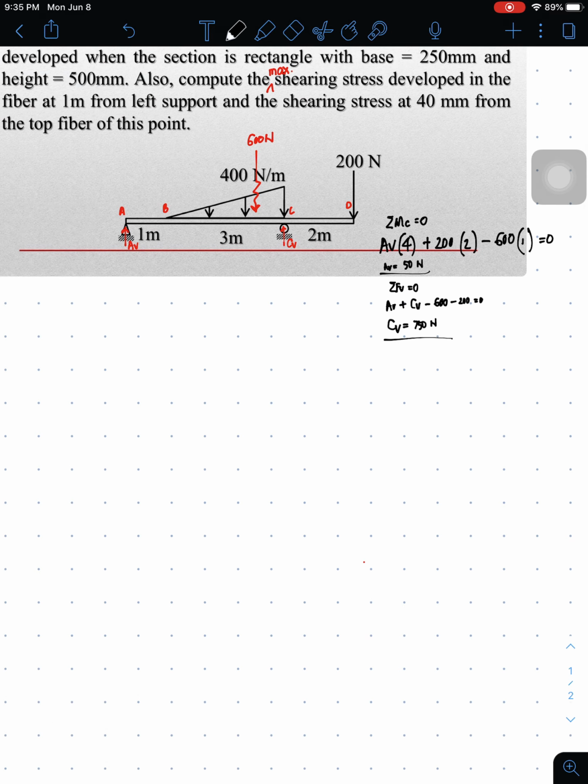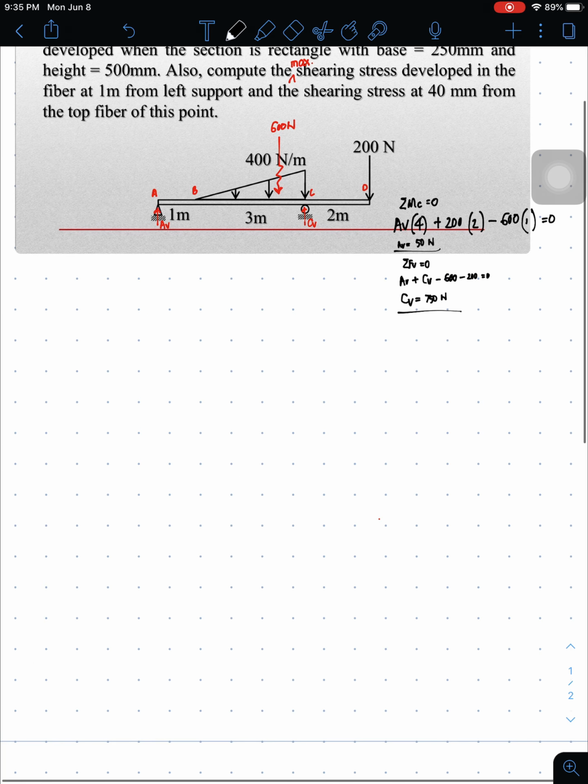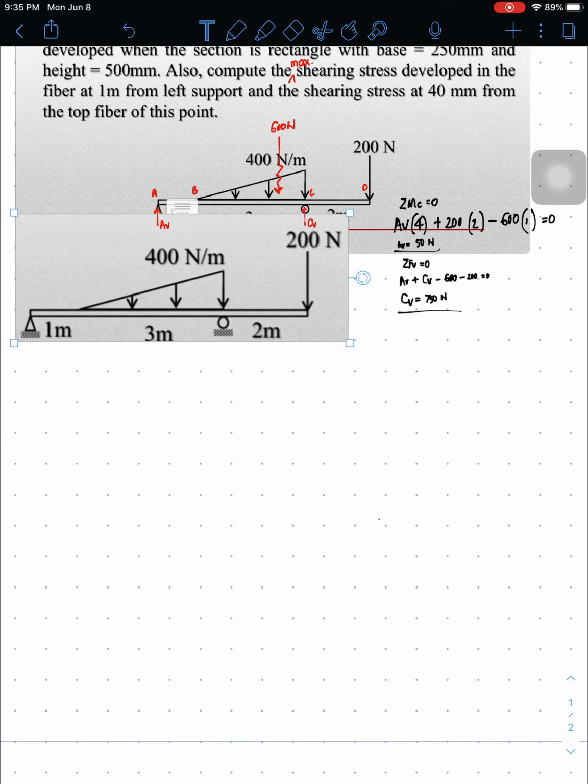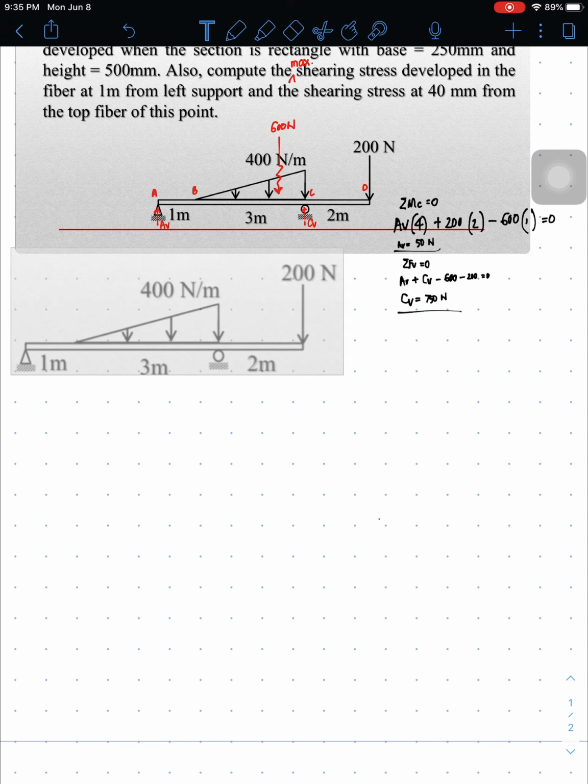Okay, so right now we're going to draw the shear diagram, and for the meantime, let us proceed to drawing the next free body diagram. I'm going to draw another beam containing the same loads.